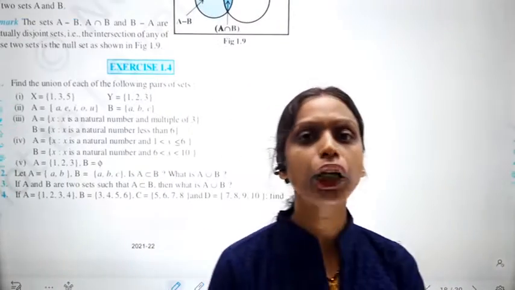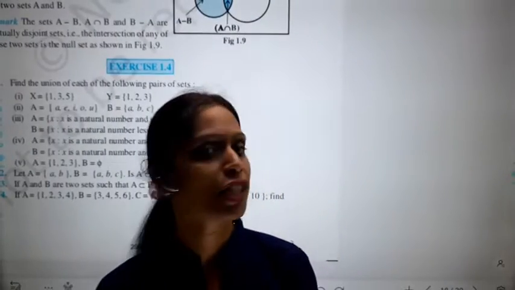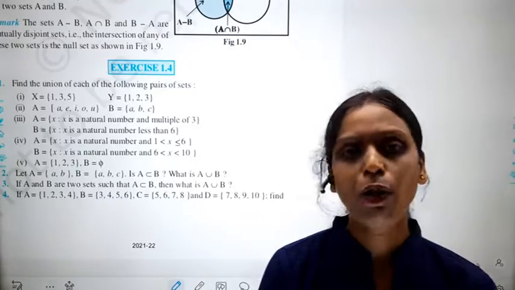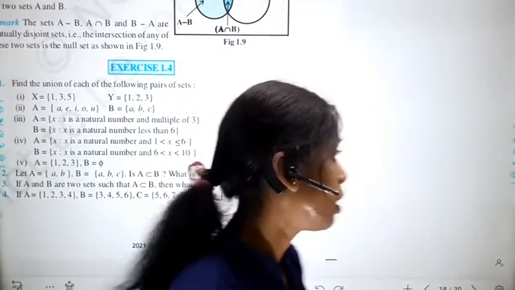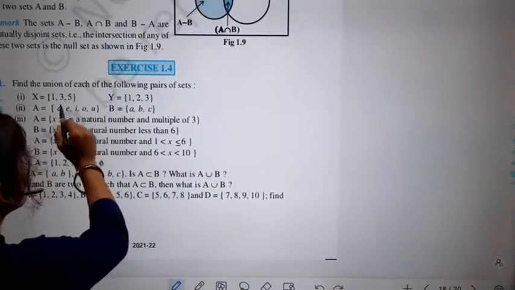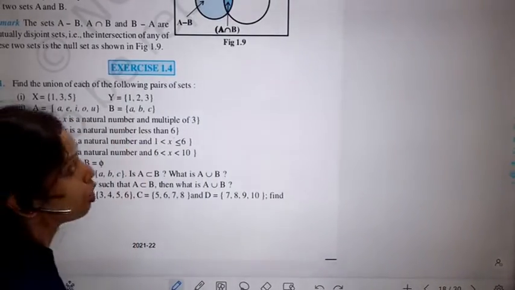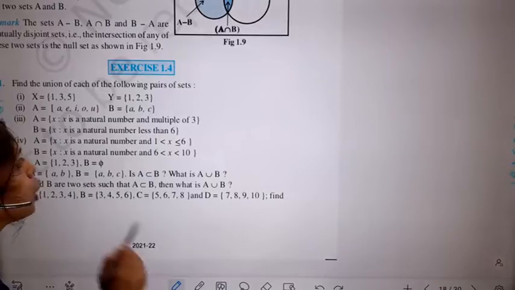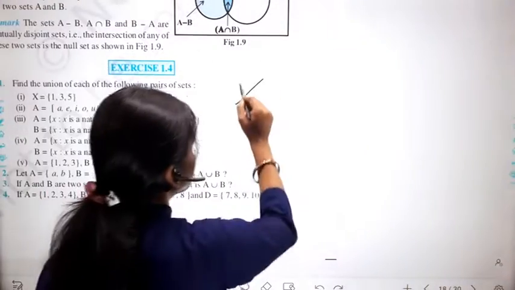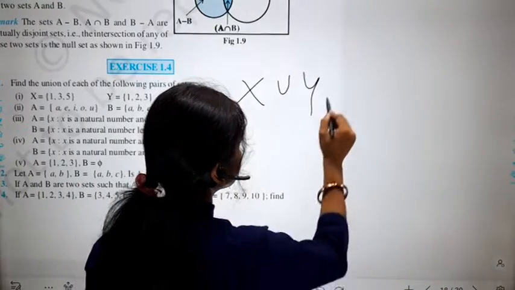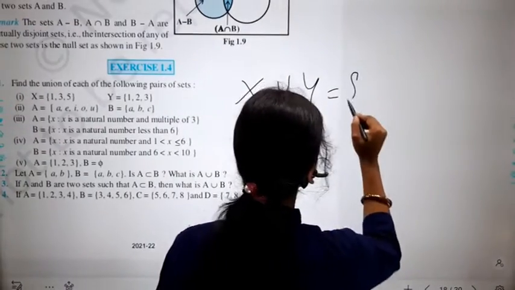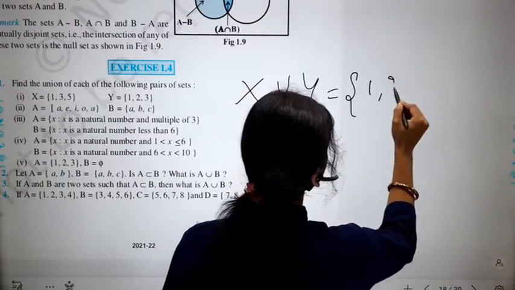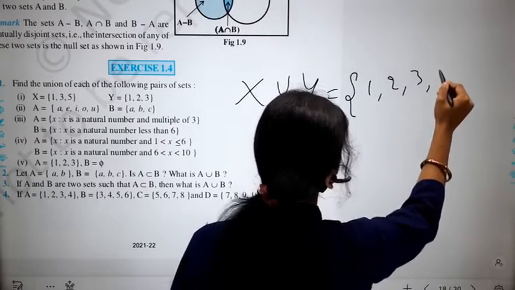Now I think you have understood all the concepts related to exercise 1.4, and now do some practice. Okay. The first one is x equal to 1, 3, 5 and y equal to 1, 2, 3. What is the union of x and y? It would be 1, 2, 3, 5.